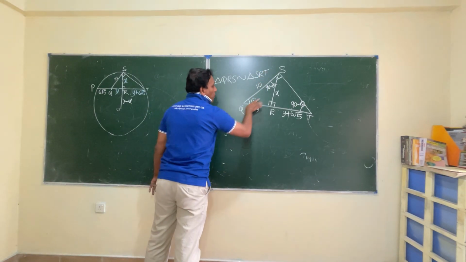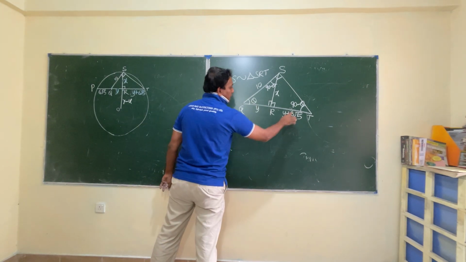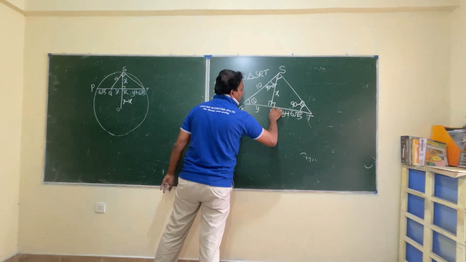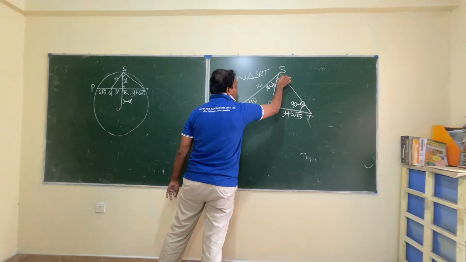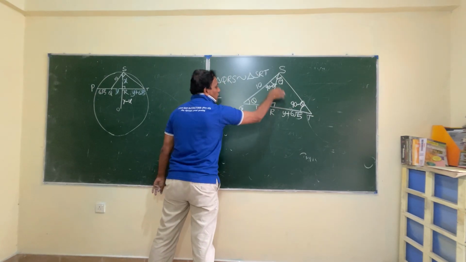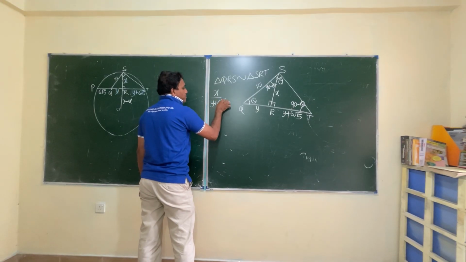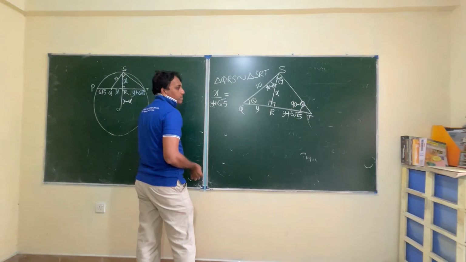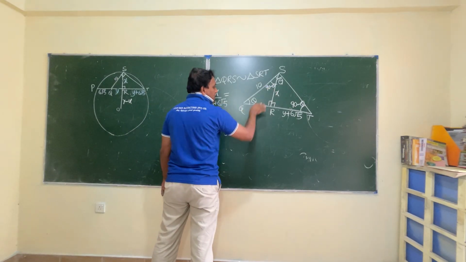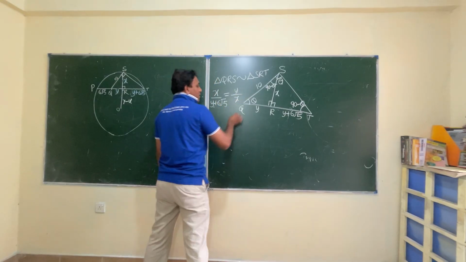Equiangular, so opposite theta x over here, 90 minus theta here, theta, 90. x over y plus 6 root 5 equal to 90 minus theta, y over x.